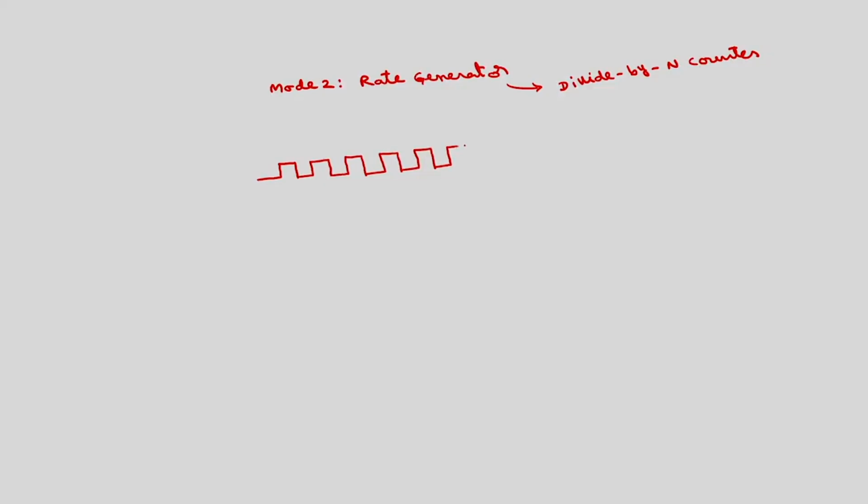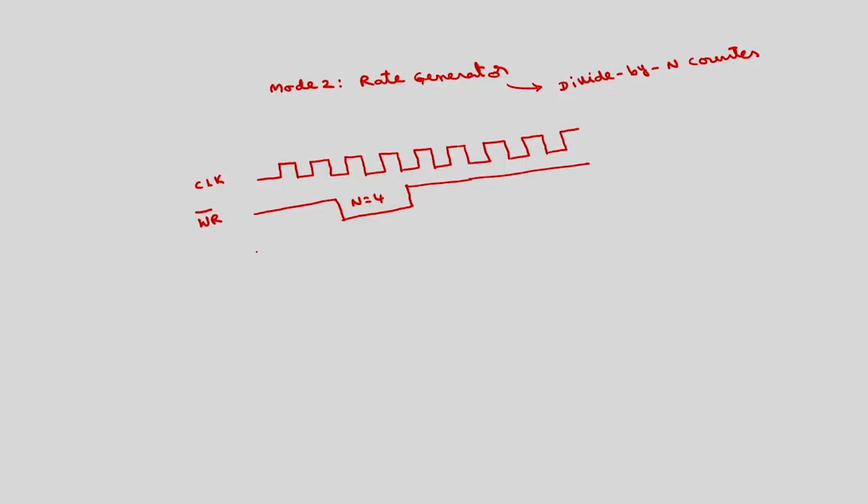This is the clock of a particular counter. Here also you have to make write bar equal to 0 and load some value, the n value. Say n is equal to 4 only. This is write bar.